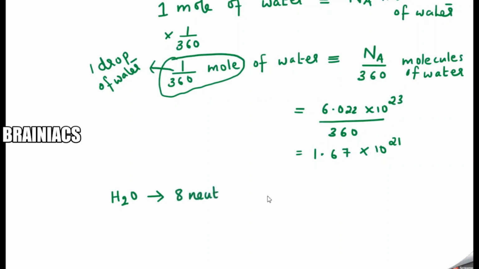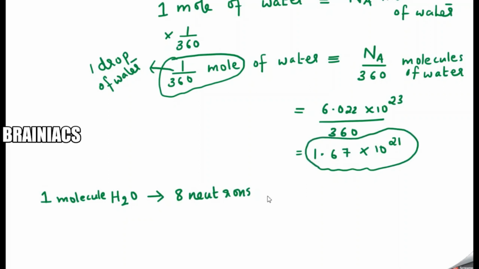That is, one molecule of water has 8 neutrons. How many molecules do we have? We have 1.67 into 10 power 21 water molecules, because that corresponds to one drop of water.